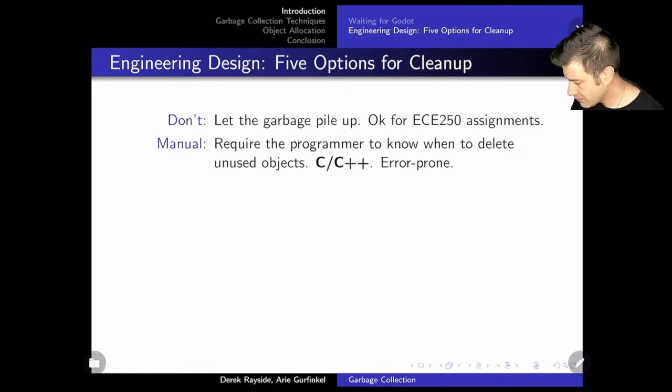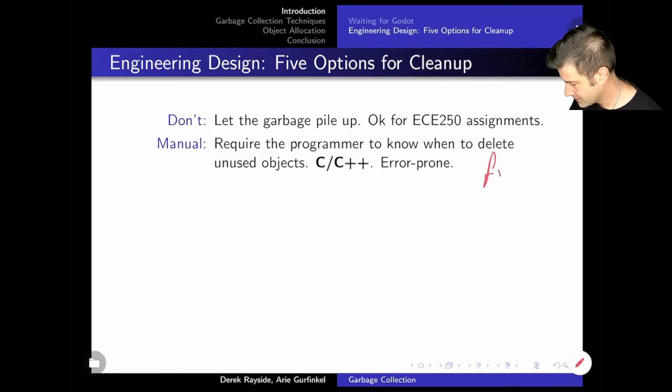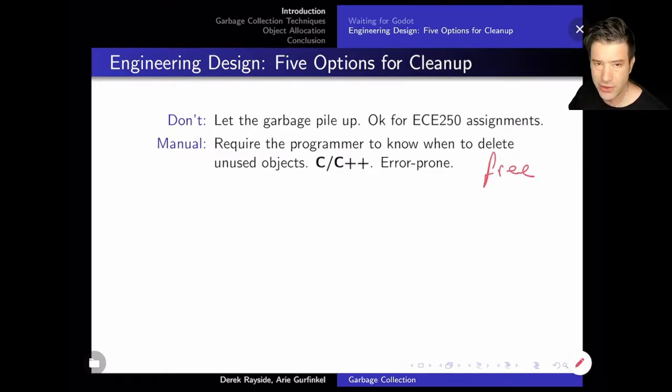This is more like C. I know the slide says C++, because you can program in C++ like this, but it's much less of an issue in C++ and a really big issue in C, where you have to explicitly call delete methods or free to deallocate objects. And of course, if you don't, then the object will remain in memory.